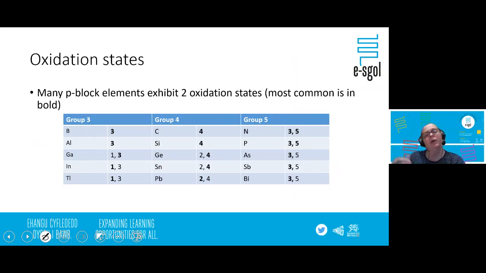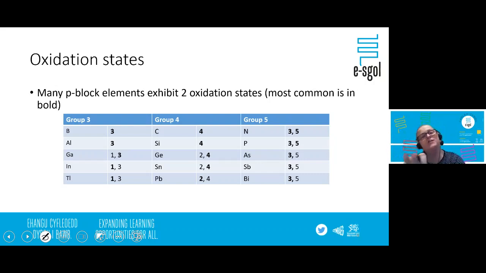But what you will have developed during this year in Unit 3, of course, is the fact that there is this interesting trend as you descend the p-block where it exhibits this science perfectly. So when you've got group 4, you have that expected oxidation state of +4 at the top, which is carbon. And that's why you've got things like carbon monoxide being such a good reducing agent, of course.